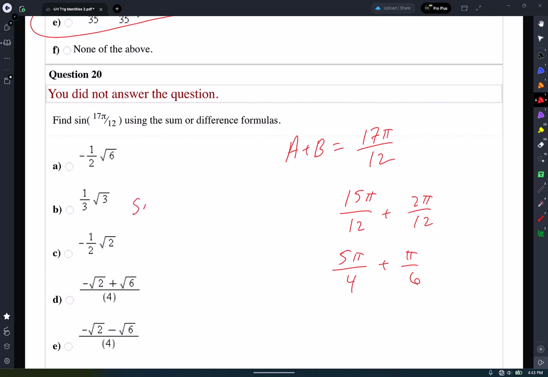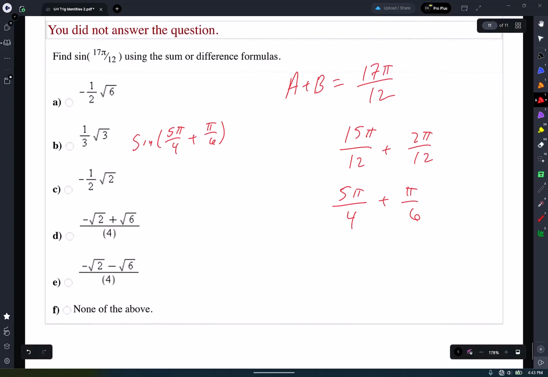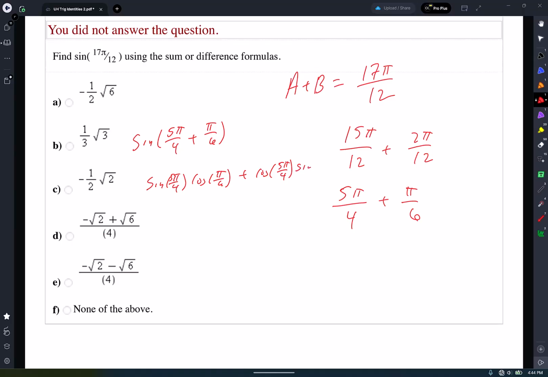So this is sine of 5 pi over 4 plus pi over 6. See? And we know that sine 5 pi over 4 cosine pi over 6 plus cosine 5 pi over 4 sine pi over 6. All right, let's see what that answer is.